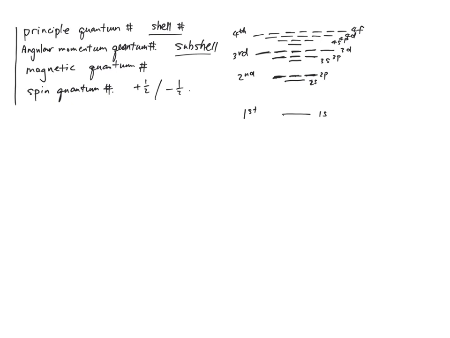The first building has 1 floor, and that 1 floor only has 1 room. The second building has 2 floors. The first floor has 1 room, the second floor has 3 rooms. The third building has 3 floors: 1 room, 3 rooms, 5 rooms. The fourth building has 4 floors: 1 room, 3 rooms, 5 rooms, 7 rooms.